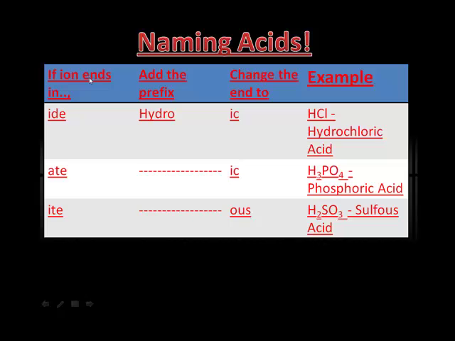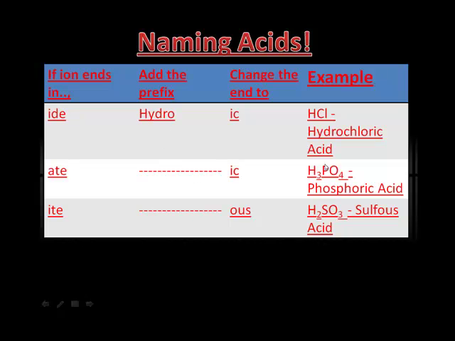If your negative ion, the negative piece, which is always written second, has an ATE on the ending, okay, then we change it to have IC. Now notice there's no hydro here.